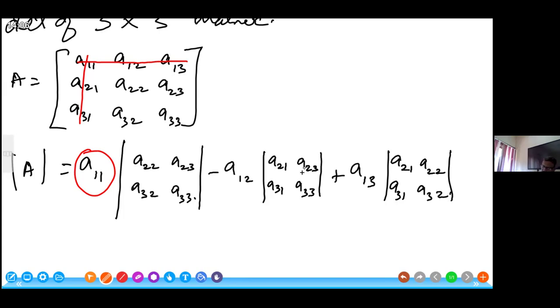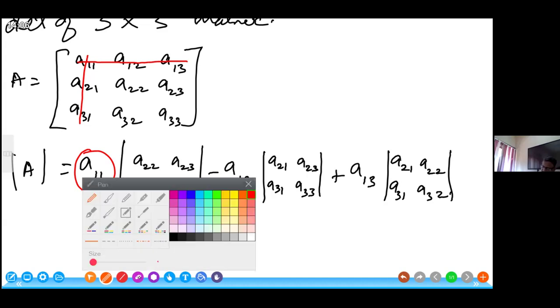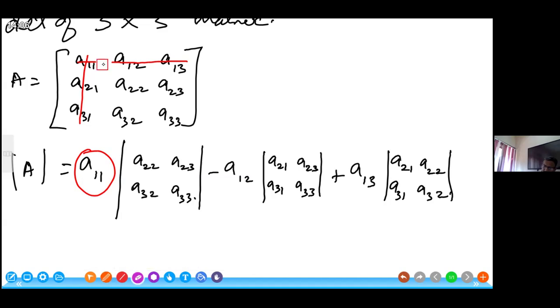When you talk about minus here, this is considered as plus, this is minus, this is plus. I will talk about that later.